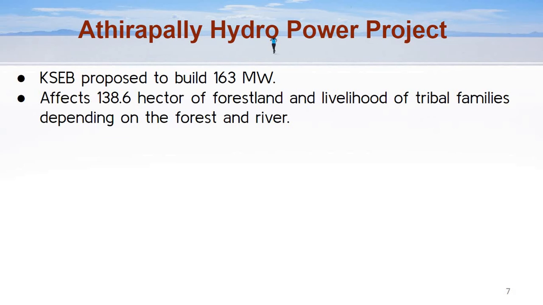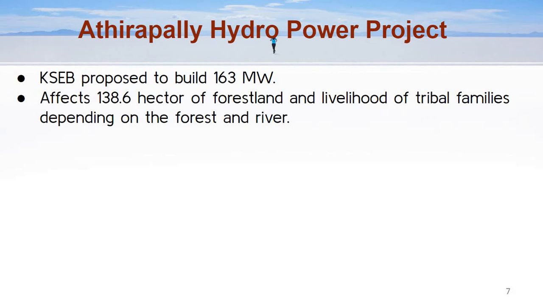Let us look at an EIA conducted in Kerala, which is the Adirapalli Hydro Power Project. The Kerala State Electricity Board proposed to build a 163 megawatt hydroelectric project at Adirapalli.